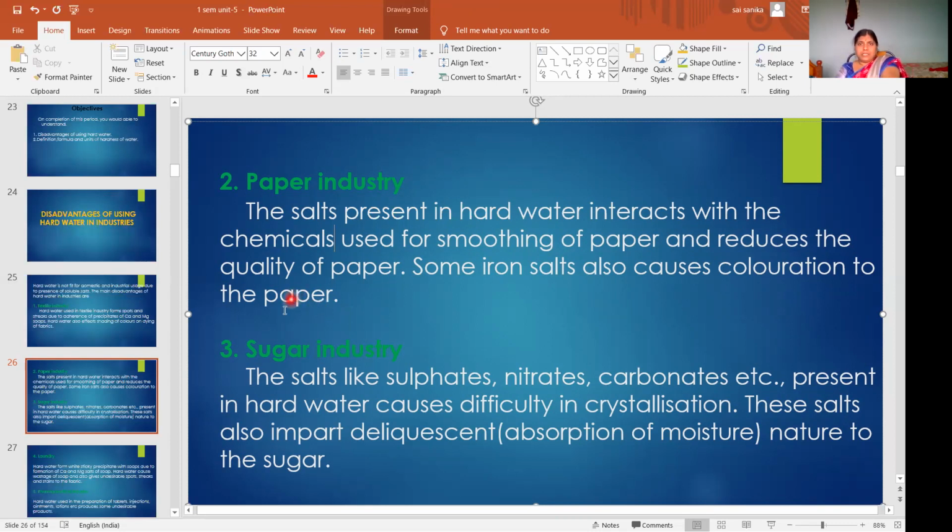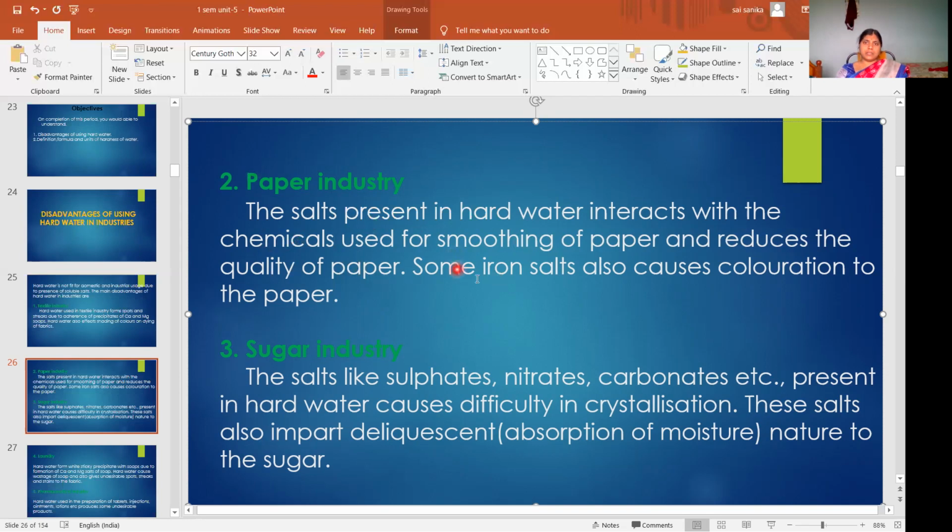Whatever salts are present in hard water will react with the chemicals we use for smoothing of paper. And when they react, the quality of the paper will be decreased. So you will not get good quality, you will get bad quality paper.